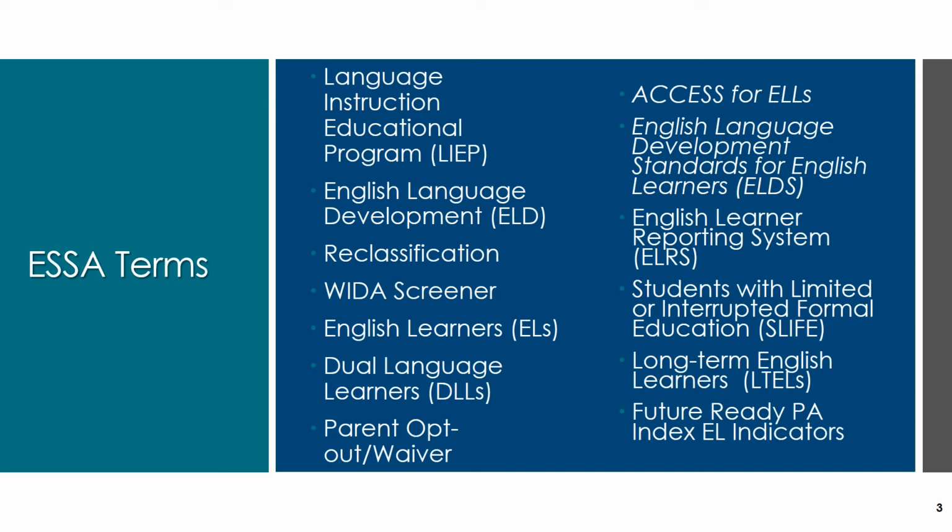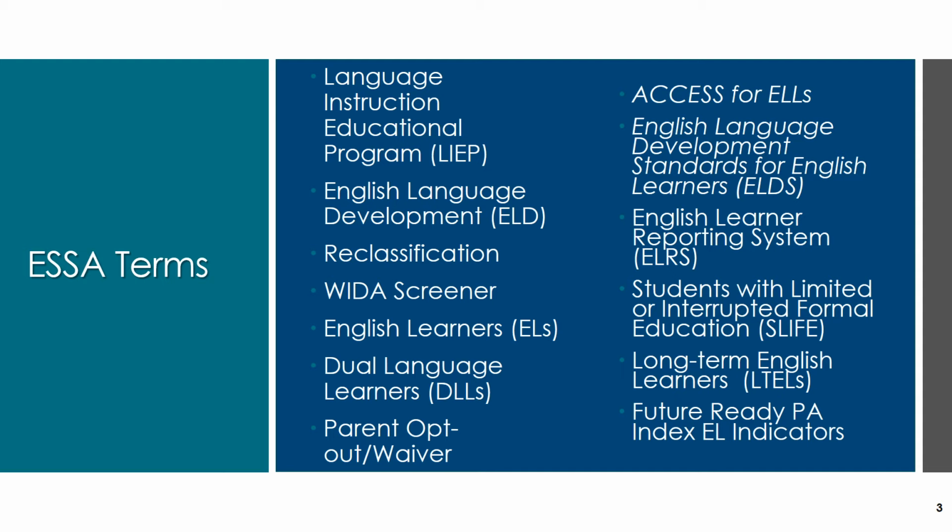The new English Learners Reporting System, ELRS, is also a new feature from ESSA, and that is a report that all administrators need to be aware of to collect data to inform the state about the effectiveness of their programs, and most of all to see if their programs are aligning to the new requirements of the law.